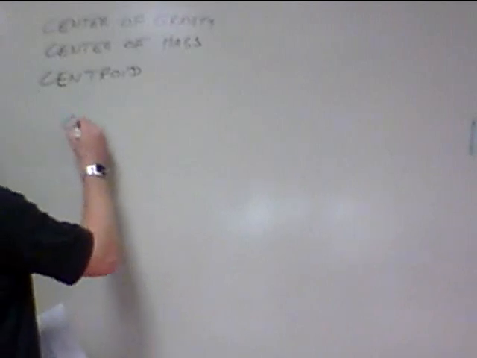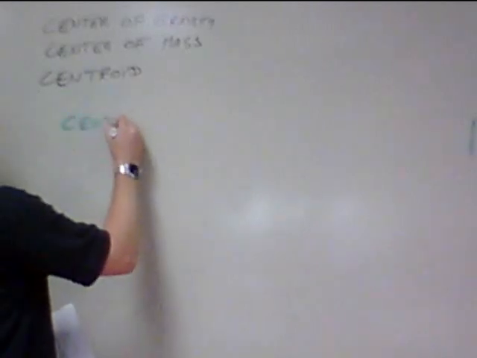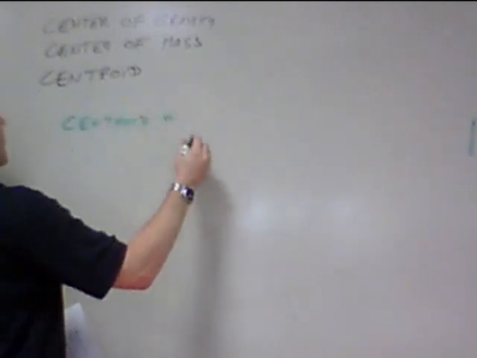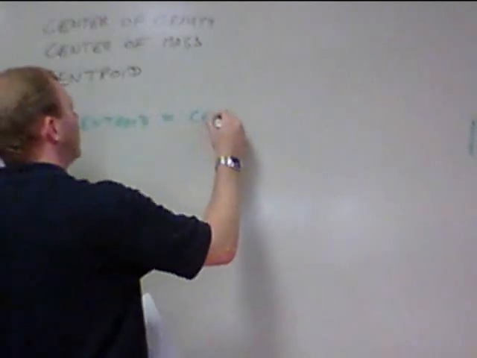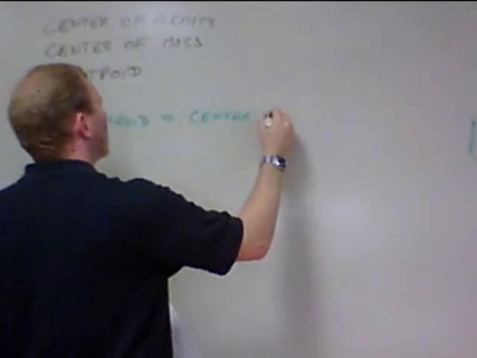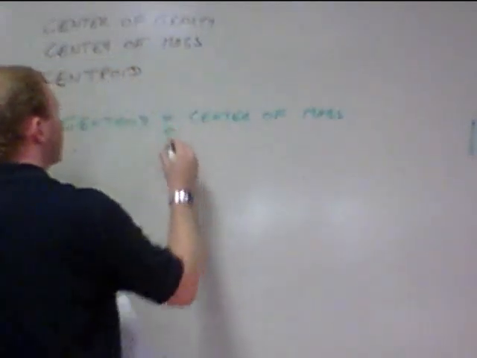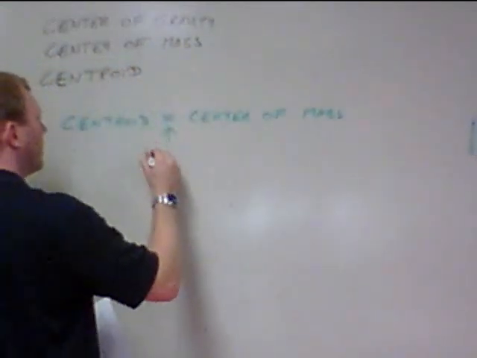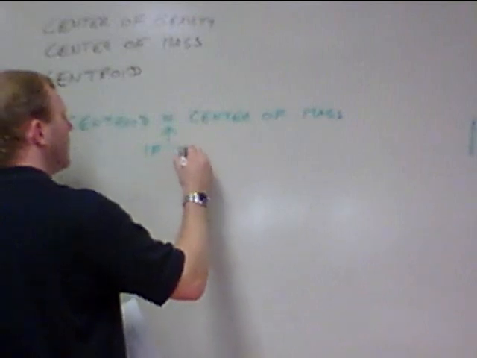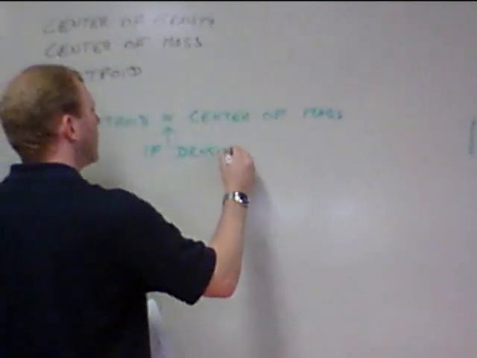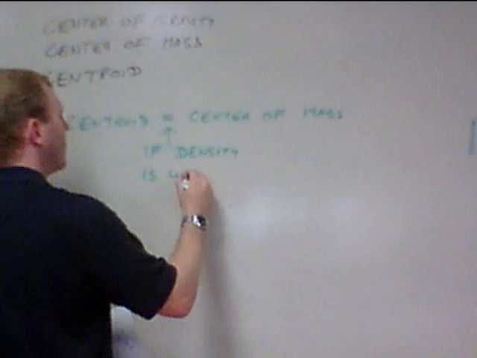So the centroid can equal the center of mass, i.e. they're going to be in the same point. And this is conditional if density is uniform.